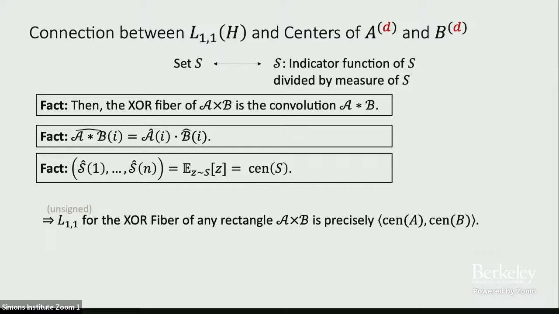So together, these three facts imply that if you look at the XOR fiber of a rectangle A times B, and you just add up all the level 1 Fourier coefficients, you get this inner product between the center of Alice's set and the center of Bob's set. There's some cheating I've done here, which is ignoring the signs on the level 1 Fourier growth, but this can be done. Okay. So this is just the way to view the level 1 Fourier growth as this geometric concept.